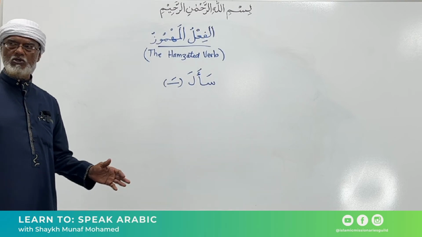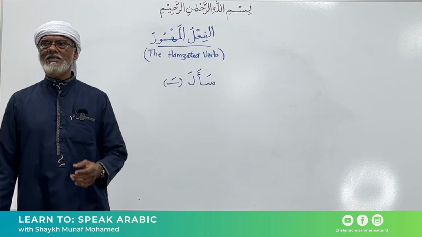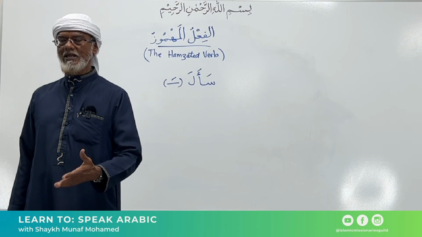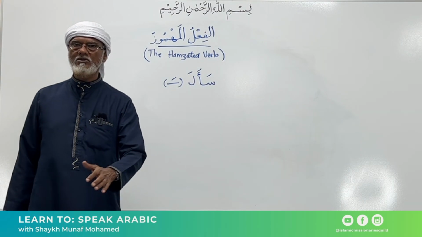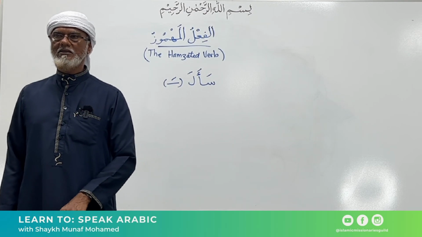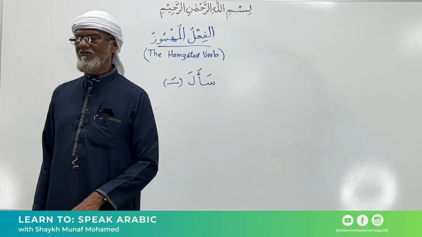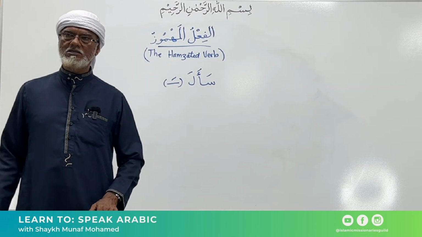And then we go to the dual column. All right? Yas'alani, tas'alani. All right? Tas'alani. And then we have the third person, yas'aluna. All right? And we have yas'alna. And then we have tas'aluna and tas'alna and nas'alu.